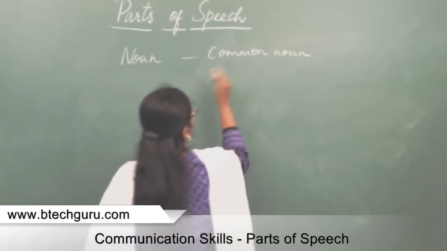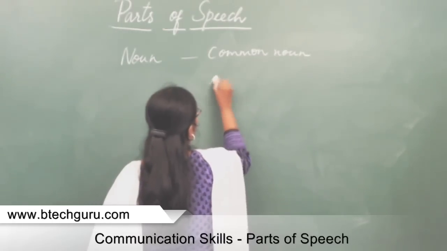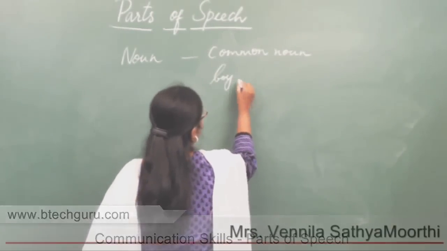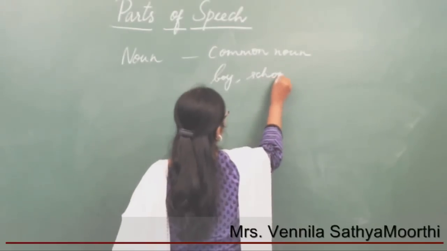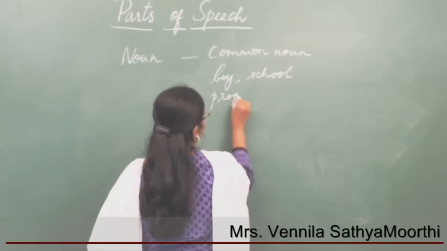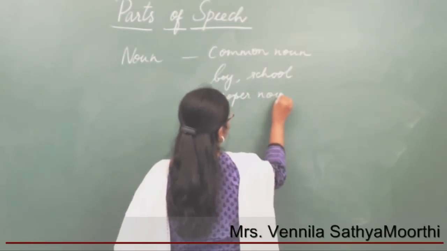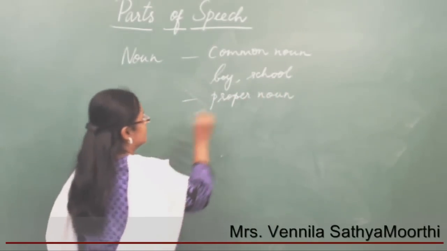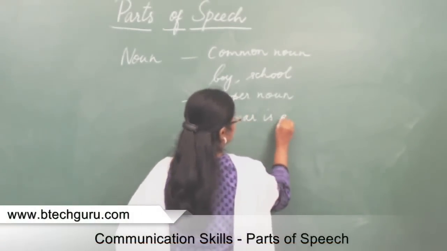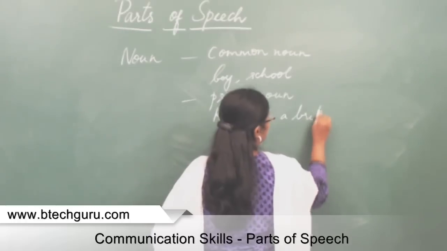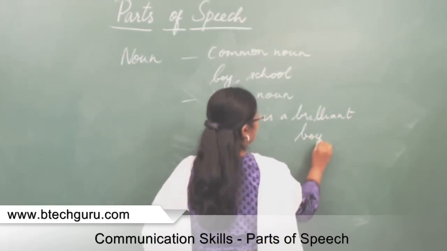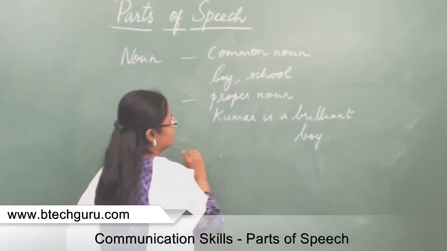Not a particular, like saying boy or school. Right. Proper noun is the name of a particular person or a particular place. Say Kumar is a brilliant boy. Now in the same sentence you see both the common noun and the proper noun.